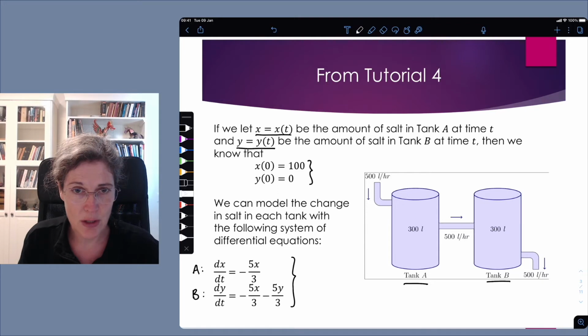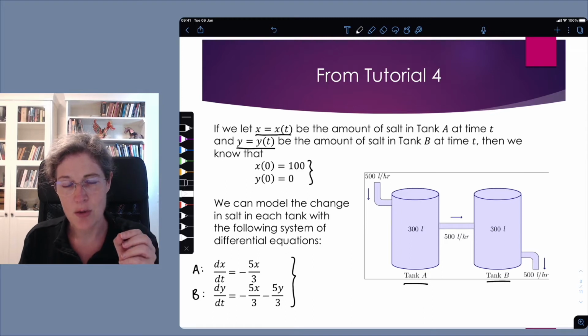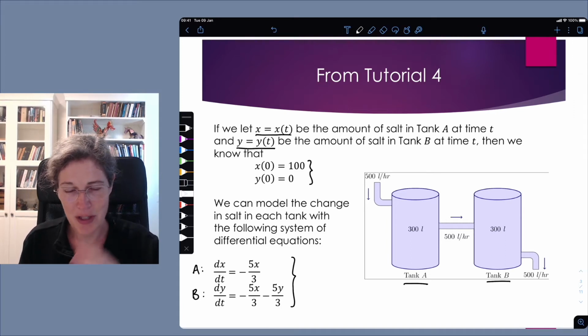We didn't actually solve it in the tutorial. I gave you two solutions, and hopefully you showed that they were solutions. But the question is how would we find those solutions? Now, we're not going to get quite there in this course, but I'm going to get you most of the way there, and then you can hopefully figure things out if you ever need to in your future life doing whatever you're doing.